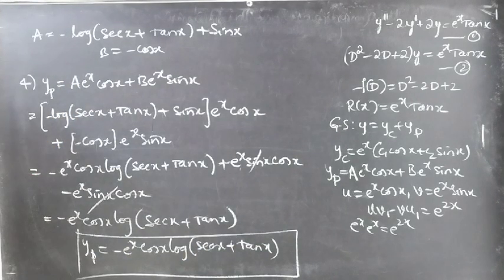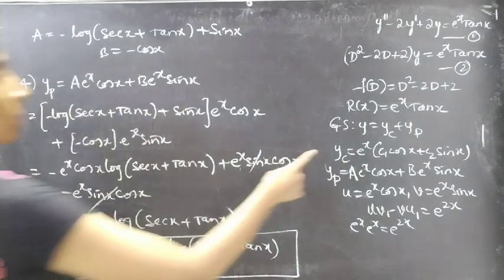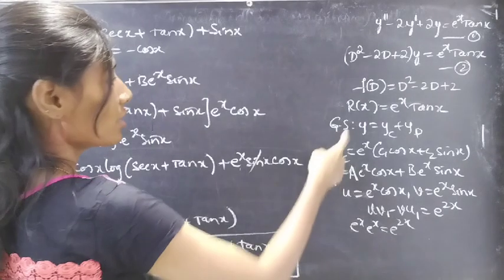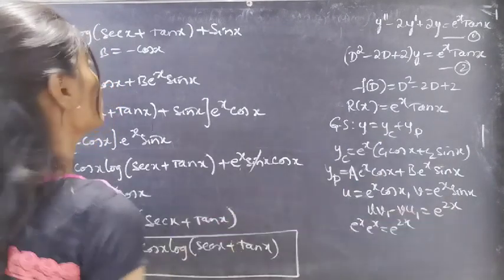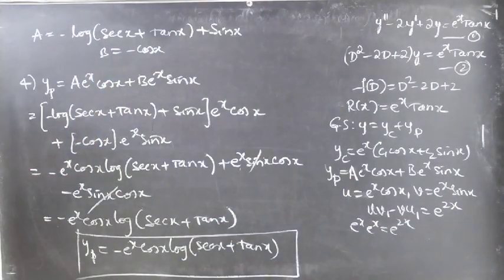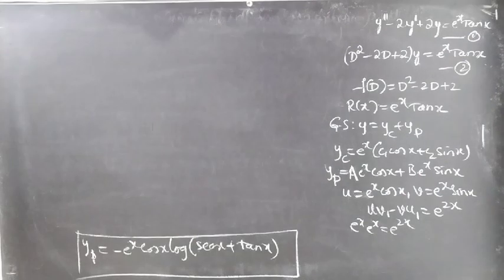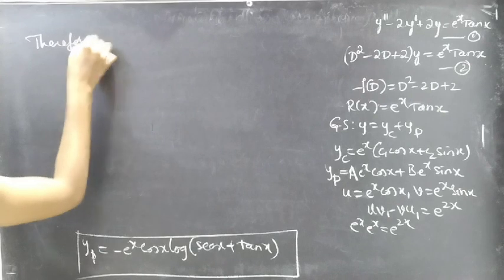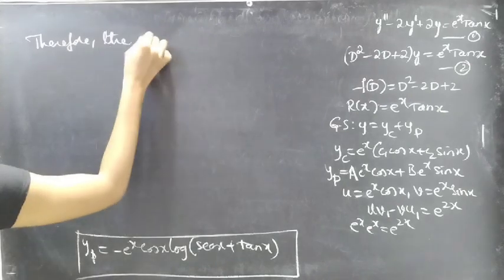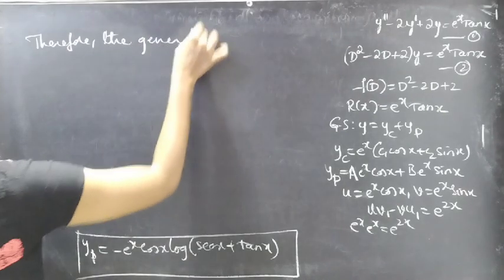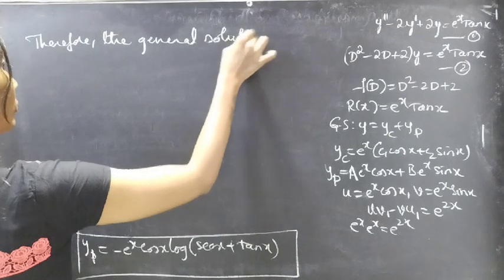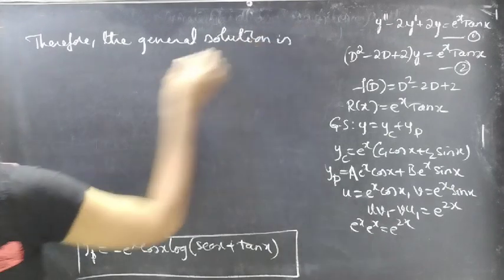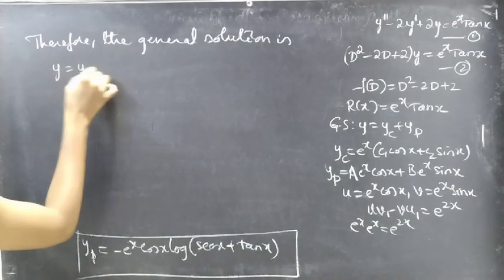We got yp and have yc. Let's now find the general solution using y equal to yc plus yp. Therefore, the general solution is given by y equal to yc plus yp.